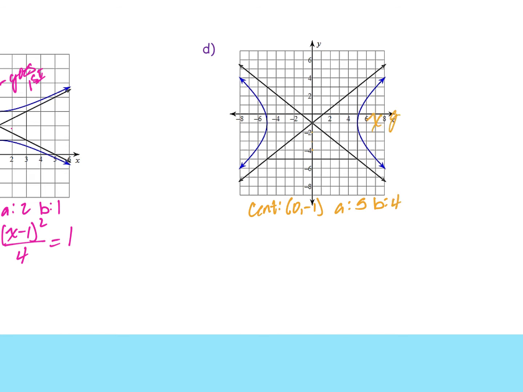And x goes first. So I've got x² over 25 minus (y minus 4). Looking at the wrong thing. (y + 1)² over 16 equals 1. Questions? We're okay so far? Not too bad, right? Pretty easy?